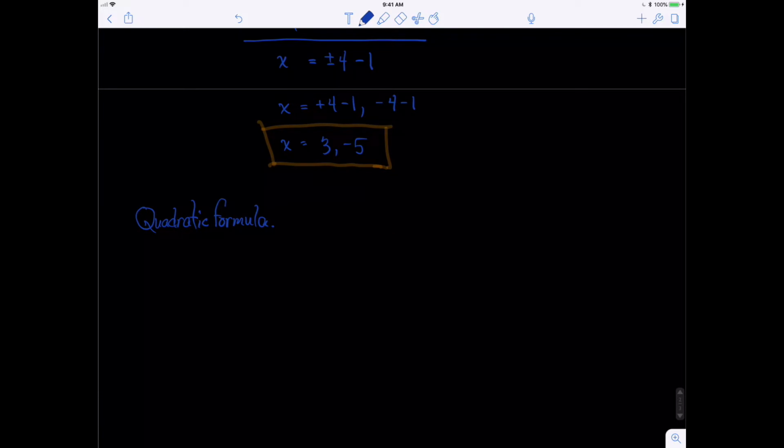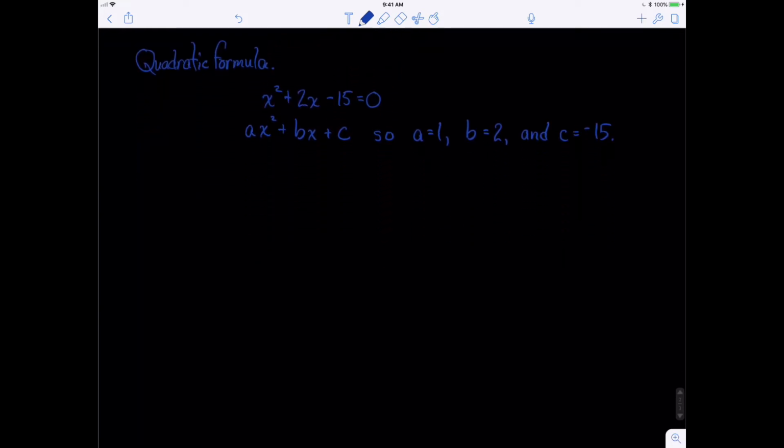Okay, when we do this, we have x squared plus 2x minus 15 equals 0, and it has to be set to 0 in order for the quadratic formula to work. If we write the general form beneath this, we see ax squared plus bx plus c. So we know that a is 1, b is 2, and c is minus 15.